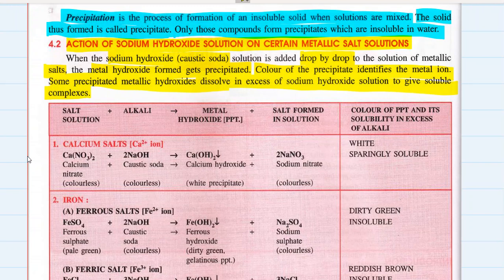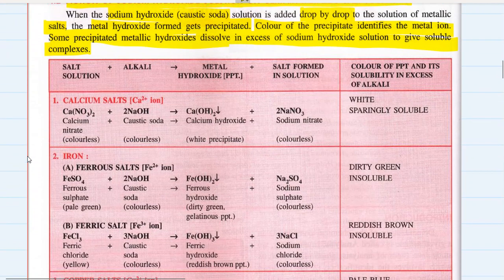Okay, so let's understand one by one what happens on adding alkali, that is our reagent, to a given unknown salt solution, first dropwise and then in excess. What is the color of the precipitate, whether the precipitate is formed or not, and what is its solubility in excess of alkali. So first is calcium salt. Whenever you have a solution of calcium salt, you don't know whether it's a calcium salt or not.